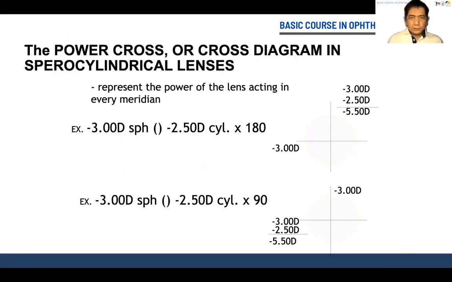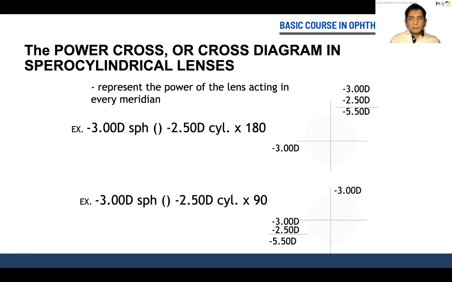So this is the power cross, or cross diagram, in spherocylindrical lenses. By the way, it represents the power of the lens acting in every meridian. So in the first example, you have a -3 diopter sphere combined with a -2.50 diopter cylinder, axis 180. The -3, being the spherical component, is located in all parts, or in all meridians.